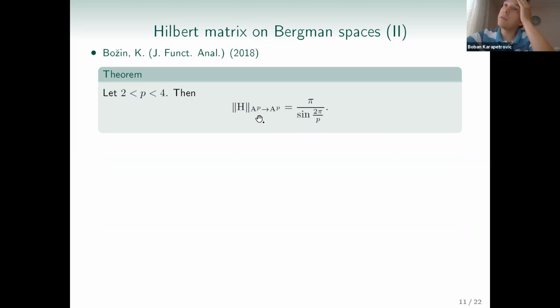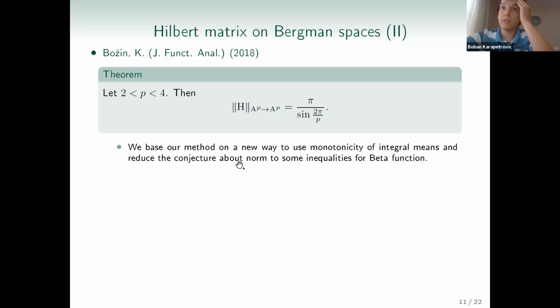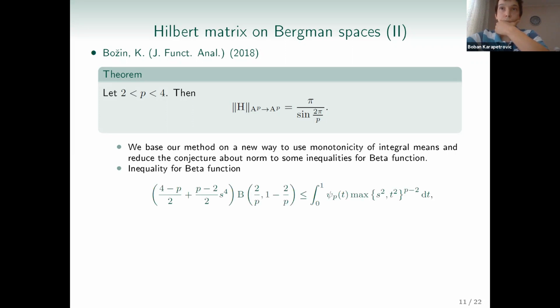Here I will skip the proof, which is technically complicated, and I only say that we base our method on one partially new way to use monotonicity of integral means and reduce the conjecture to some inequality related to the beta function. Namely, we proved this inequality. Here we have a beta function with these coefficients 2 over pi and 1 minus 2 over pi.